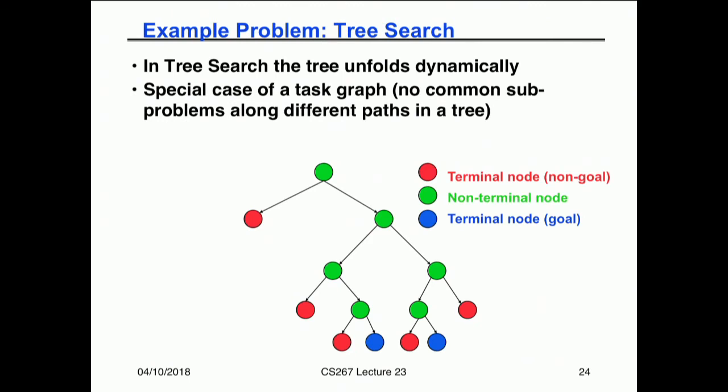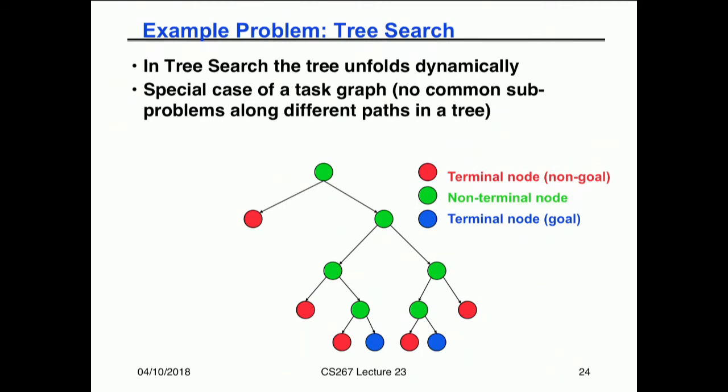So just to make this obvious, here's a tree search problem. These are tasks, let's say nodes of our Go game that we're trying to play. We're making various moves here and trying to figure out what's going to happen, or some other kind of search problem.